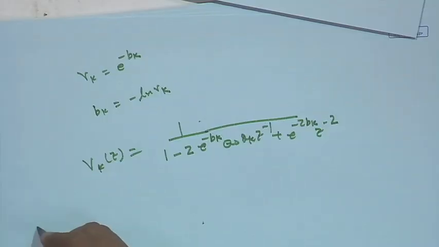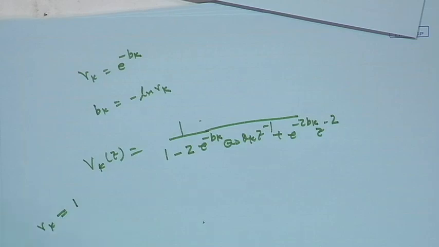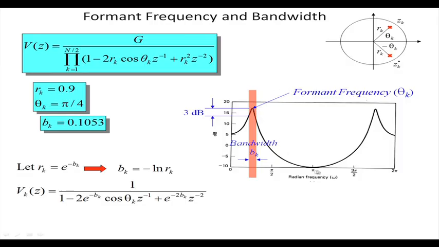When the value of R_k approaches unity, close to the unit circle, I can get the formant frequency, the resonance frequency. And if the B_k value is non-zero, then I get a bandwidth pole. There will be a formant which has a bandwidth.